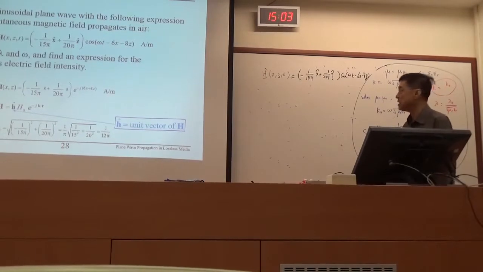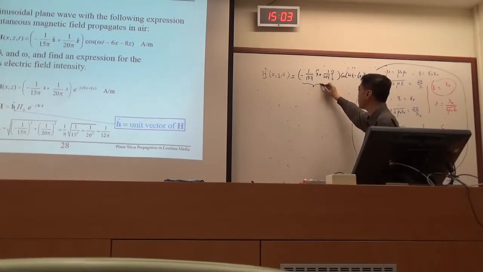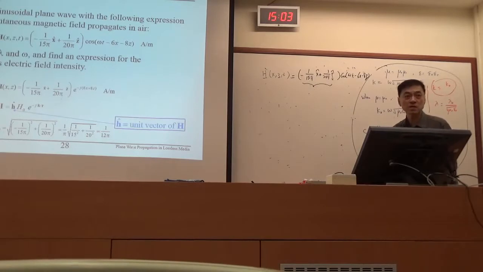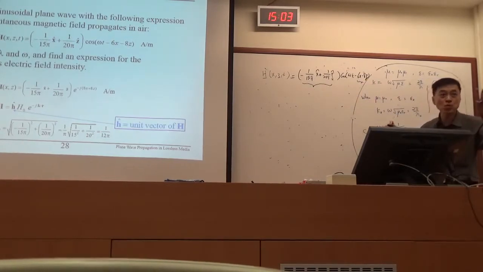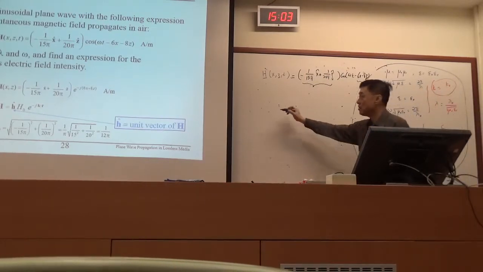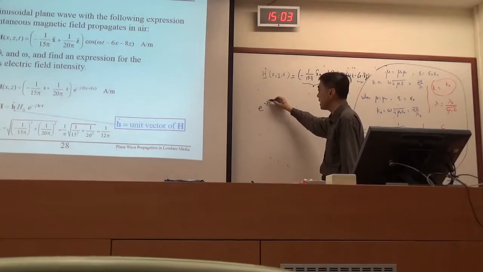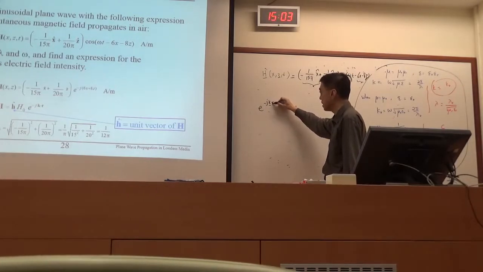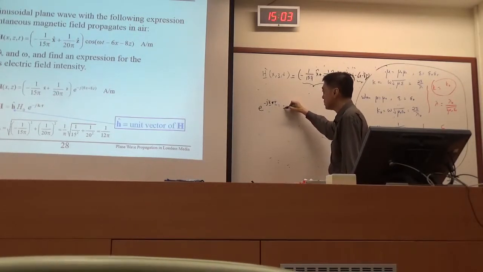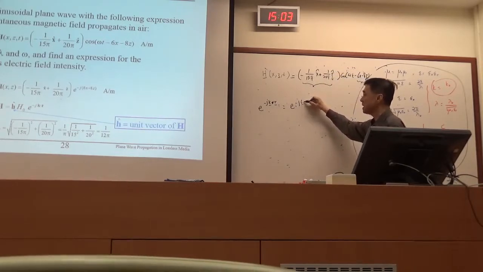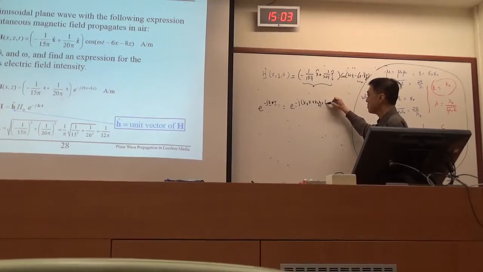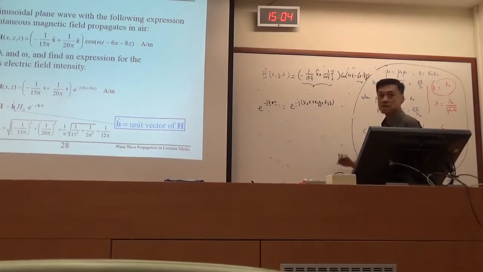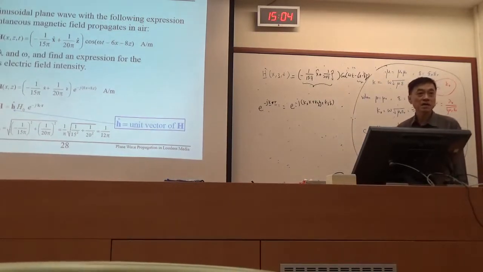It means that it has two polarization components and it also has two propagation components. Because our general form is e to the minus j k dot r, which is equal to e to the minus j (kx x plus ky y plus kz z). Remember?